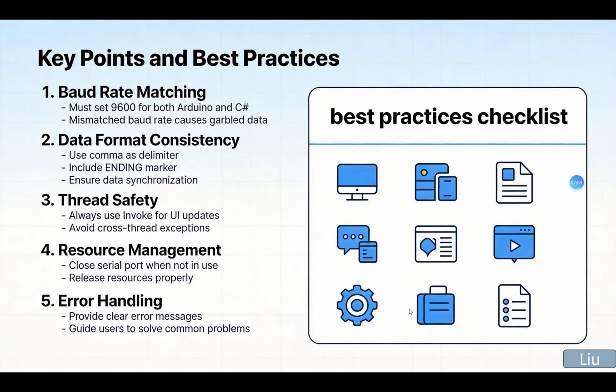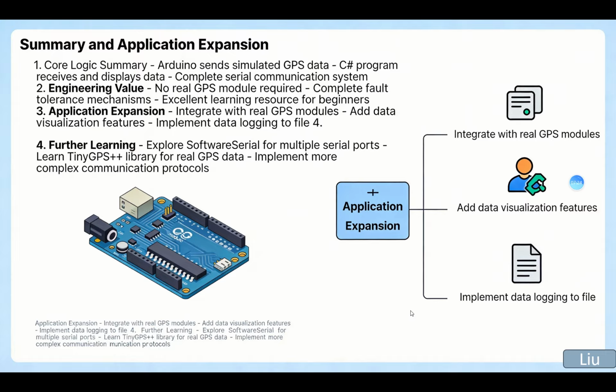The first is baud rate matching, the second is data format consistency, and the third is thread safety. The fourth one is resource management, and the fifth one is error handling. Then you can see the summary and the application expansion.